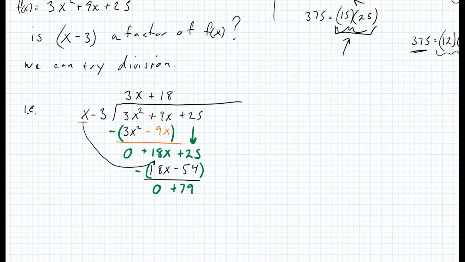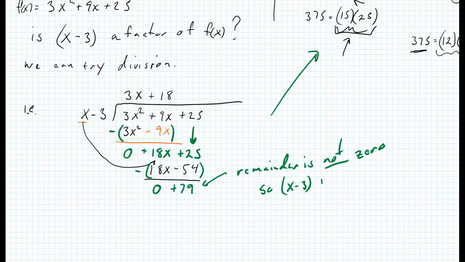So what does this tell me? It's similar to what happened up here. First of all, it tells me that I didn't get 0 as my remainder. So the remainder is not 0. So x minus 3 is not a factor of 3x squared plus 9x plus 25.